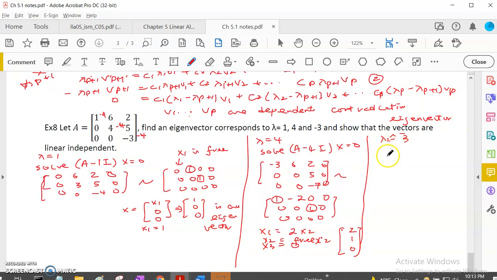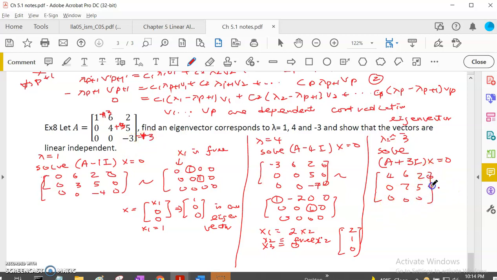What about lambda equal to -3? So I have to solve A plus 3I, x is equal to 0. That means I'm going to add 3 on all the diagonal entries. So the first is 4, 6, 2, 0, then 0, 7, 5, and 0, 0, 0.